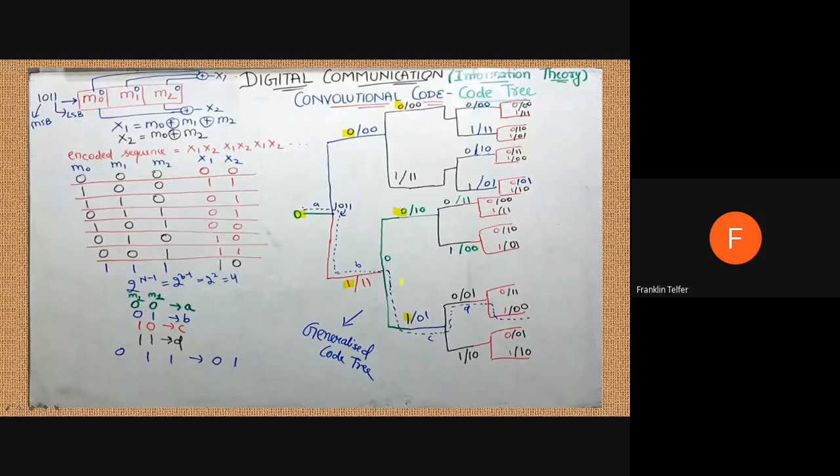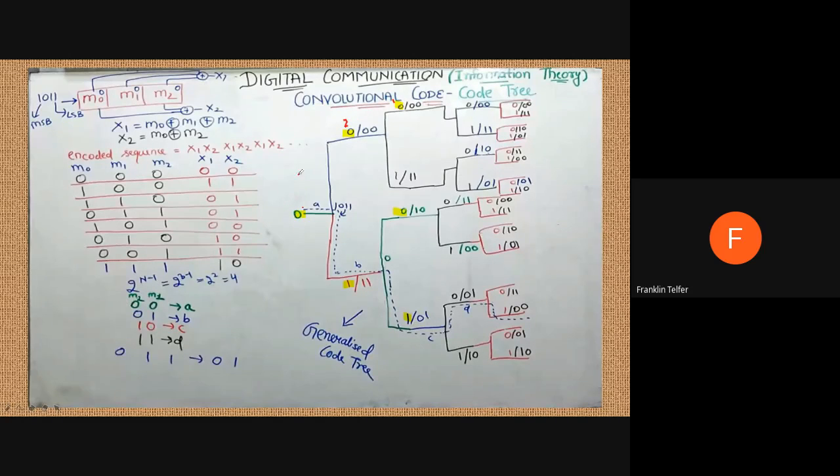The highlighted region. So we need to find out what is the second branch output. What we have to do is go back and trace the required input digits. For example, the first one is 0, the second one is 0, and the third one is 0.